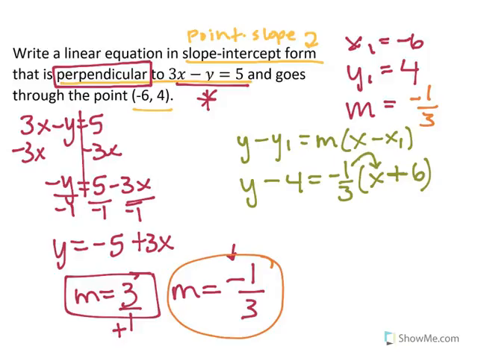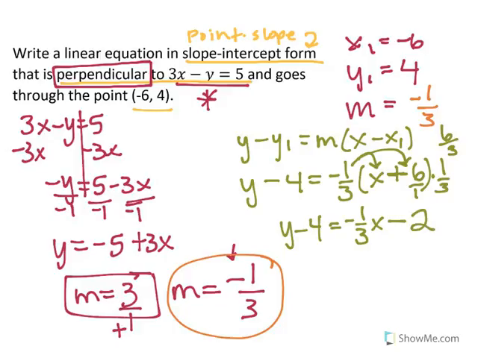Okay, to get to slope-intercept form, once again, we're going to distribute. So we end up with y minus 4 equals negative 1/3 x. And then we've got negative 1/3 times 6, which is negative. Remember, we can make that into a fraction and multiply by 1/3. We get 6 over 3, which simplifies to 2.